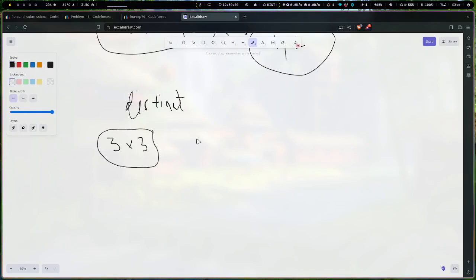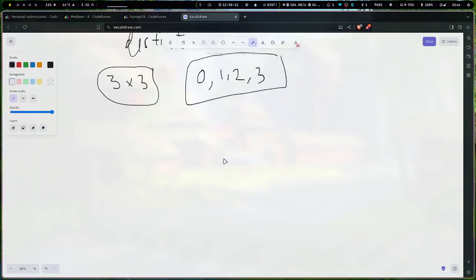What are the distinct distances you can get? 0, 1, 3. How will you get that? Points (1,1), (1,2), (1,3). Okay, you will get this.